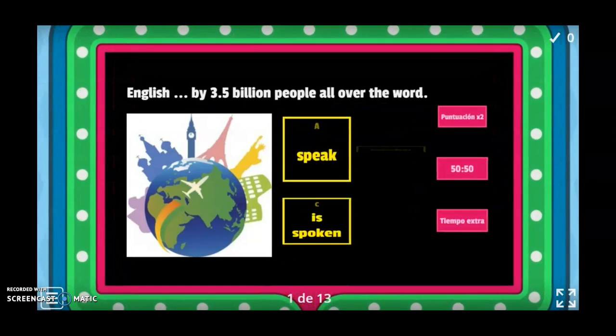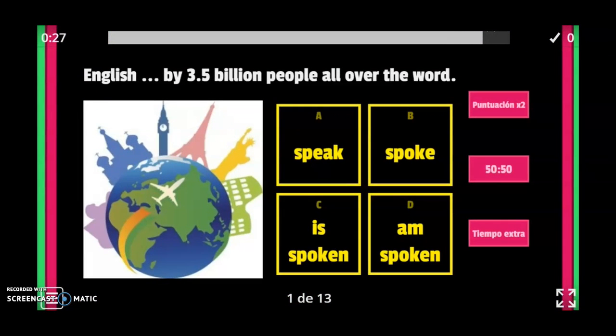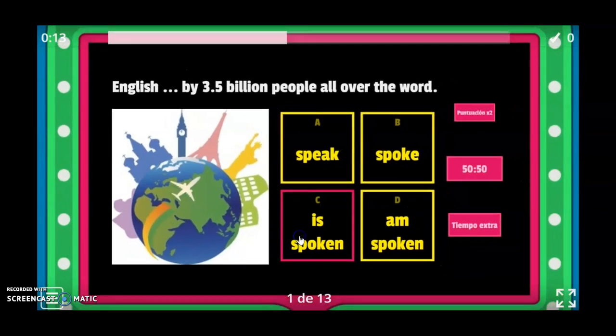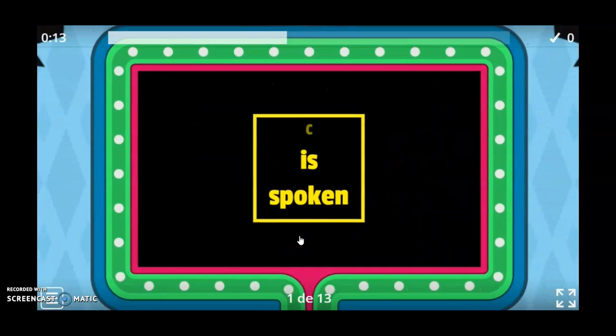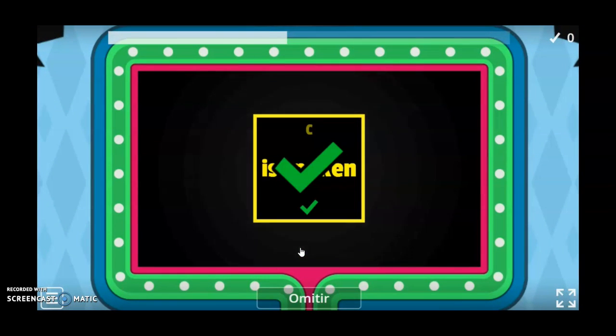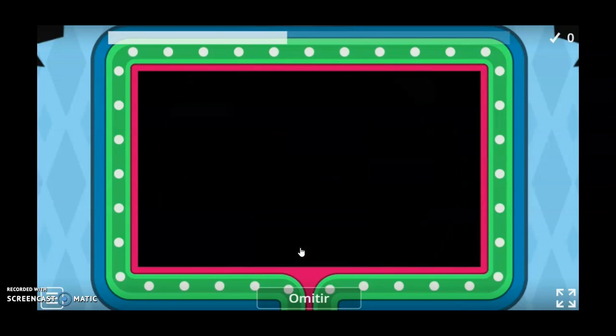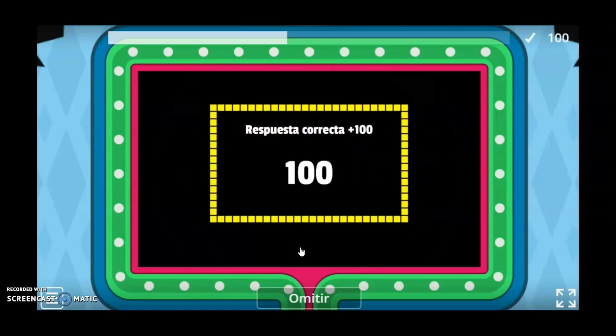Question number 1. English is spoken by 3.5 billion people all over the world. Choose the correct answer. And the correct answer is spoken. That's your points.